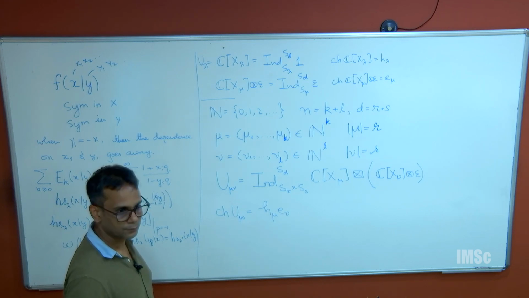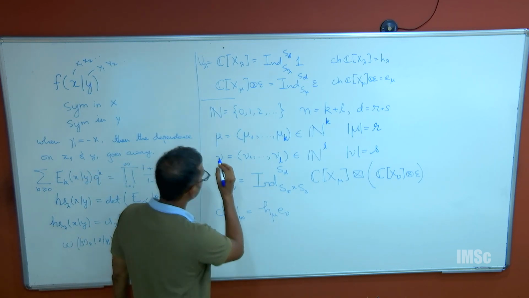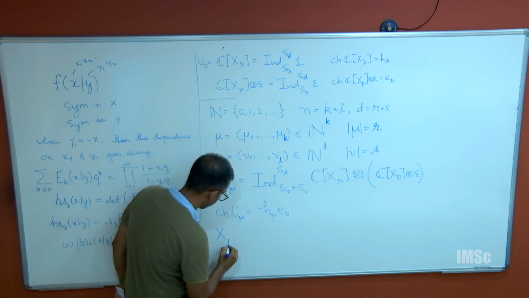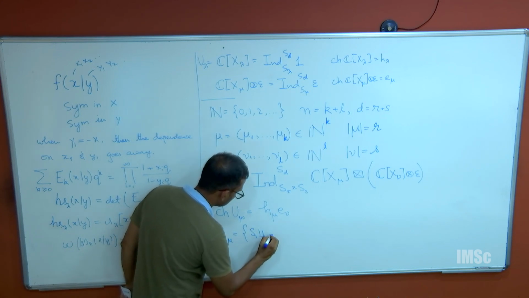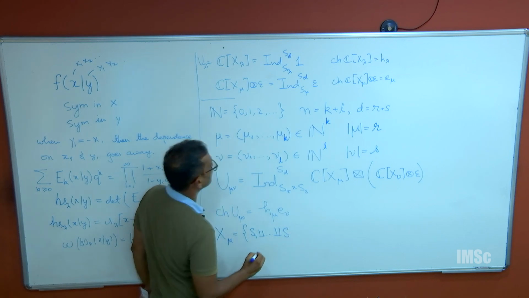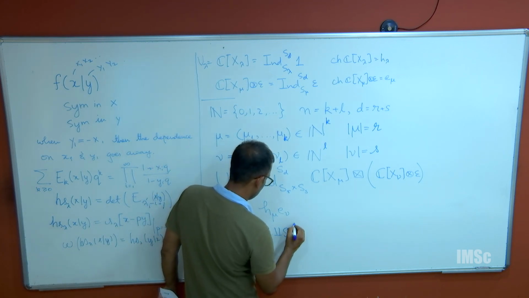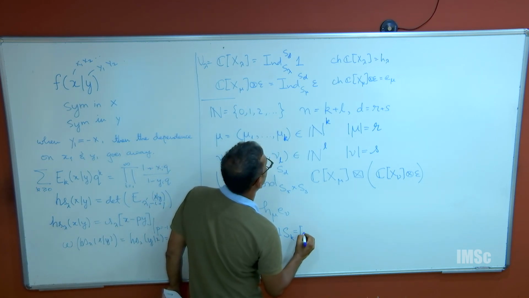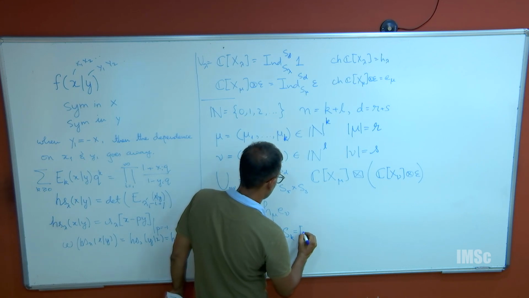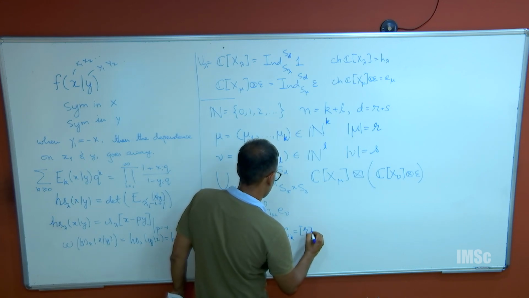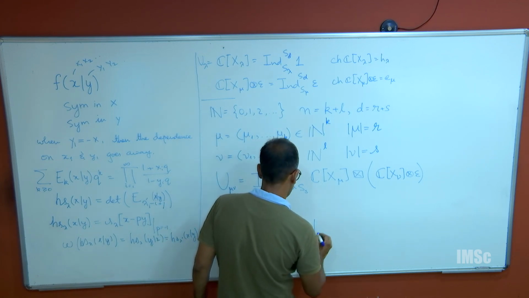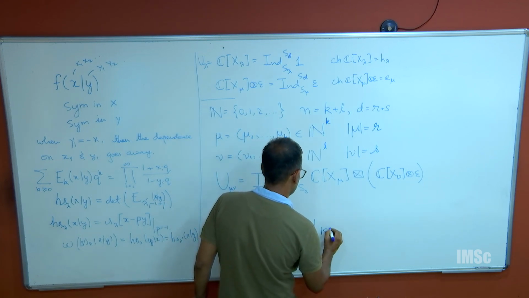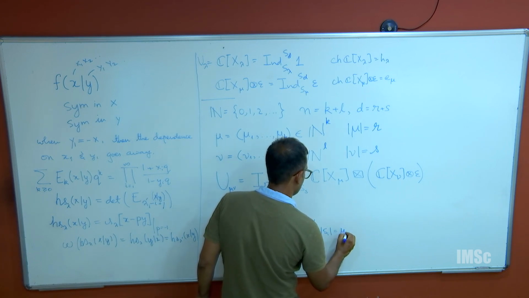Okay, so let me explain what this X_mu is. It's all set partitions S_1 union ... S_k, which should be a set partition of the set R, such that the size of S_i is equal to mu_i.